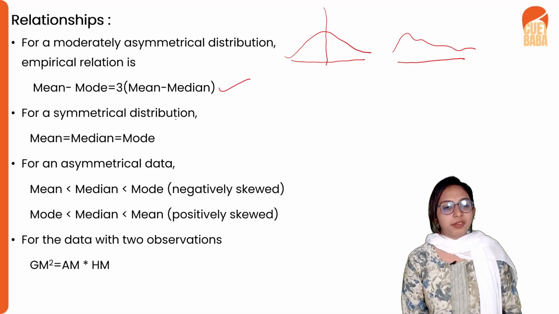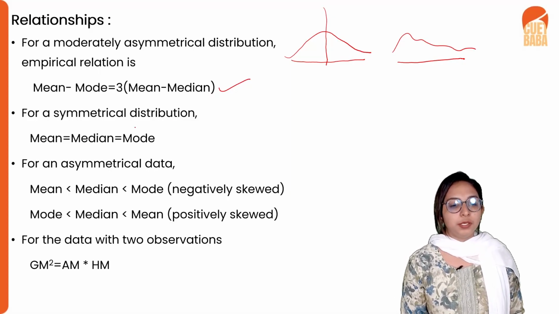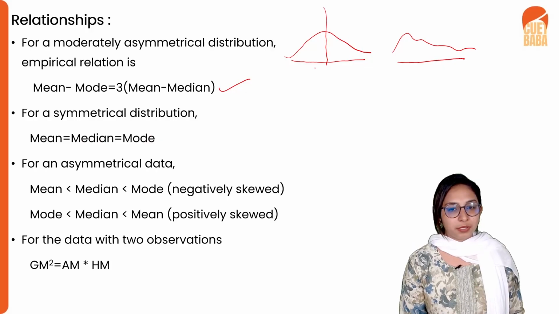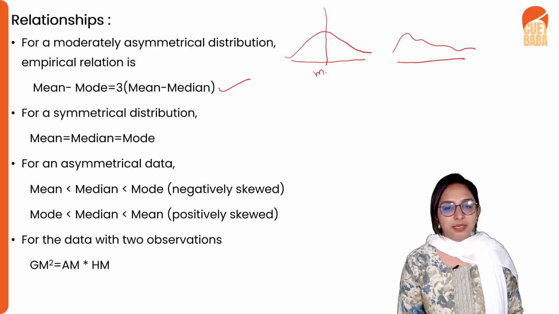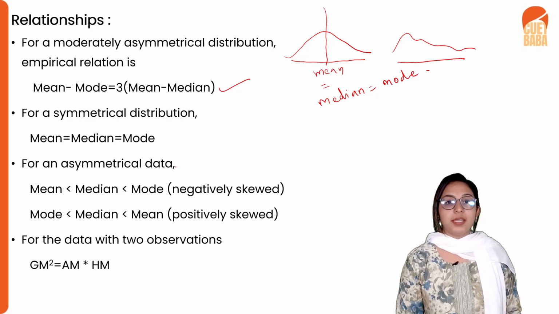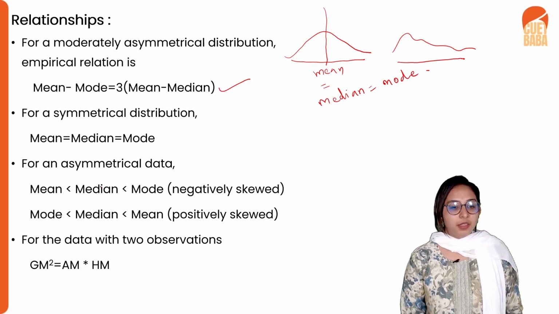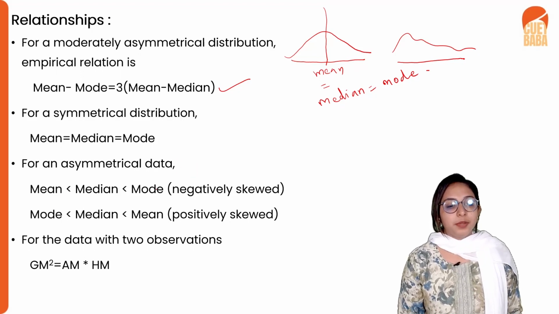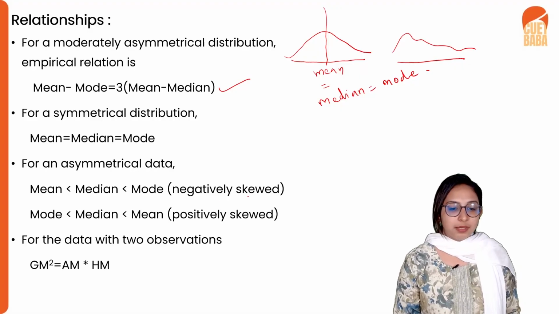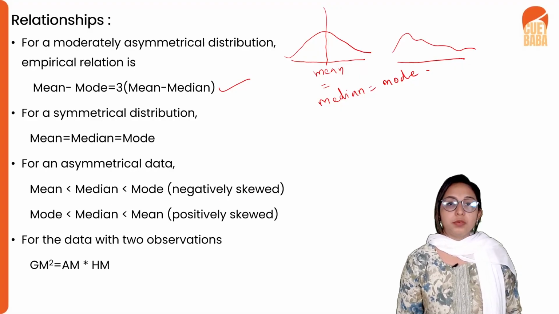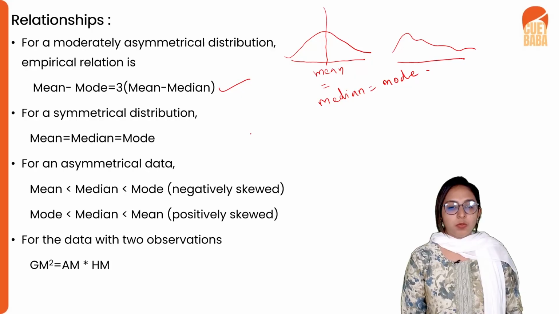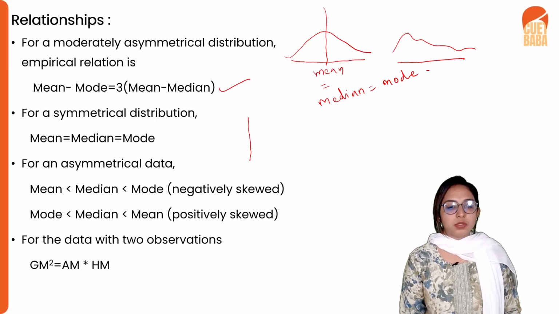For a symmetrical distribution, mean equals median equals mode. That is, this is a symmetrical distribution. Here mean equals median equals mode. Then for an asymmetrical distribution, mean is less than median, which is less than mode for a negatively skewed distribution, and it will be the opposite for a positively skewed one. What are negatively skewed and positively skewed distributions?